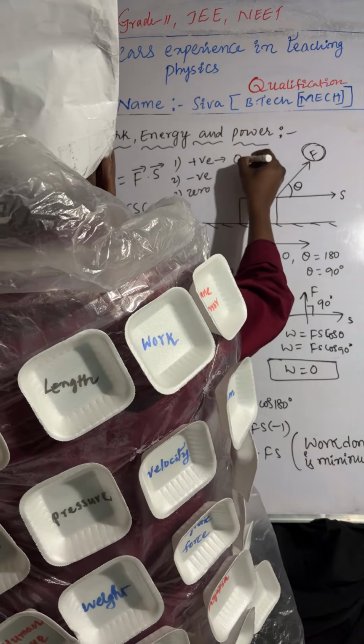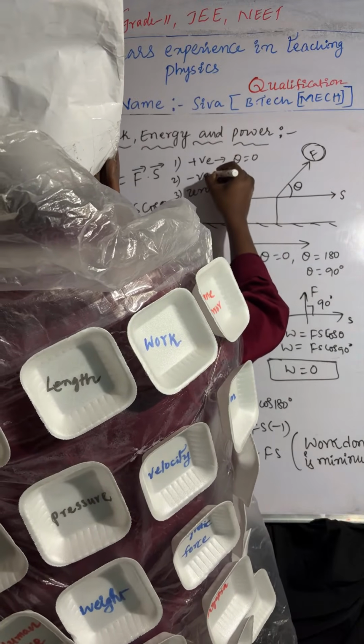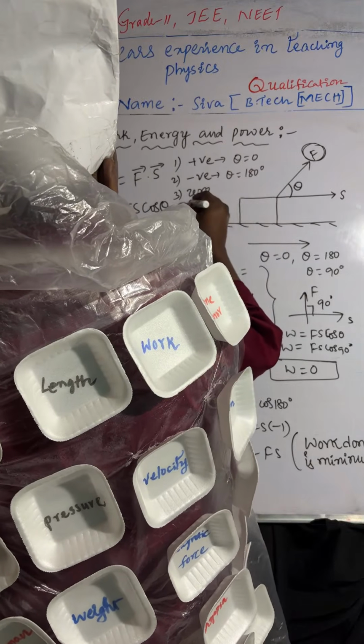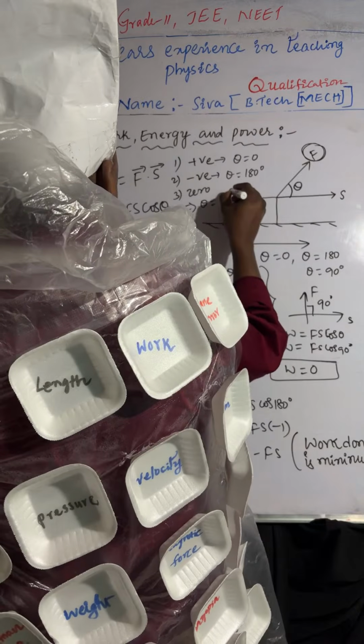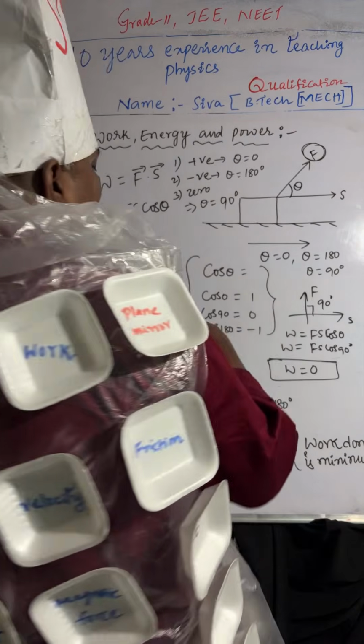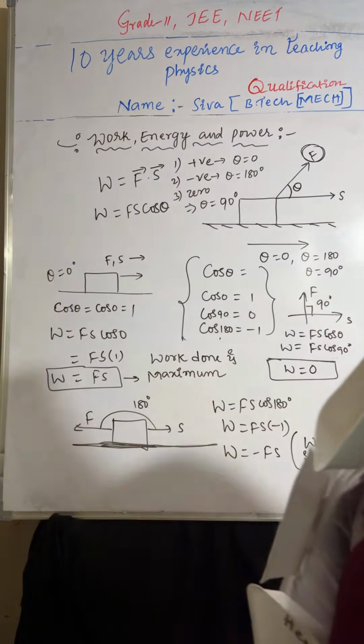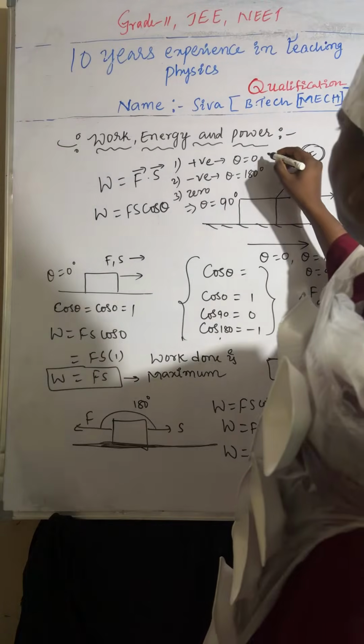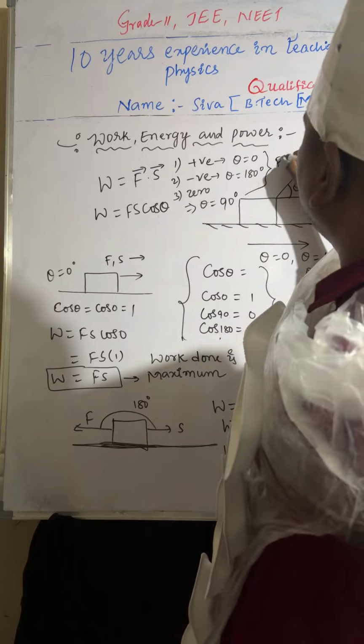Positive work when theta equal to 0, negative work when theta equal to 180 degrees, and zero work when theta is 90 degrees. Very important. These angles are between force and displacement.